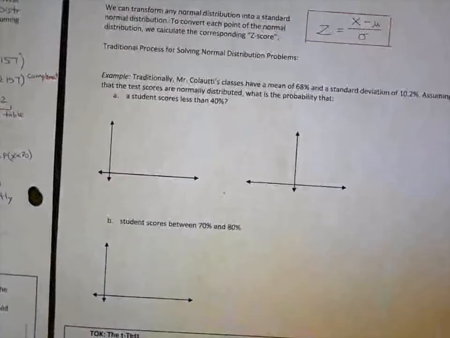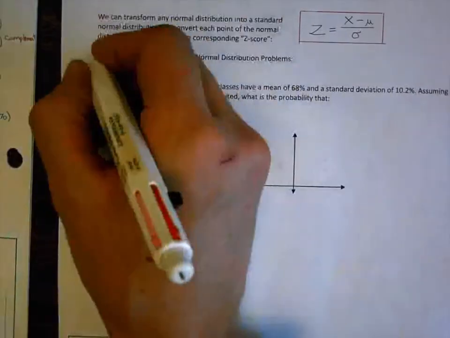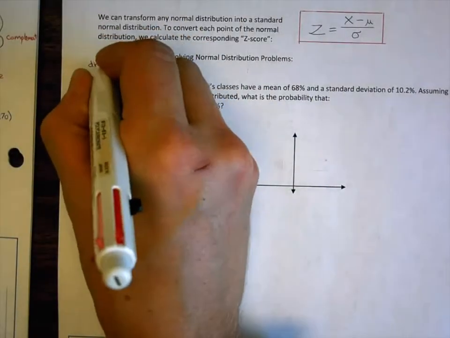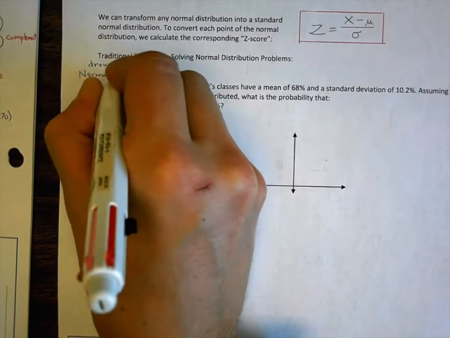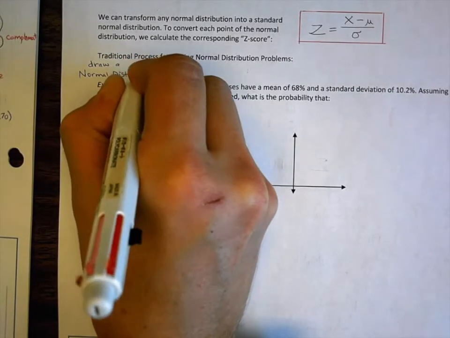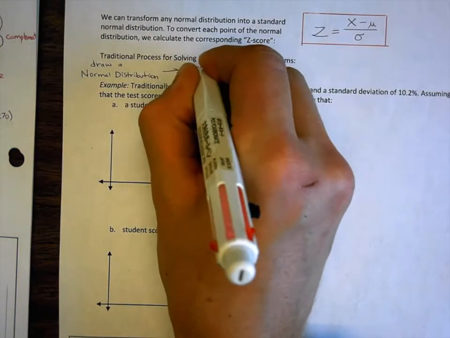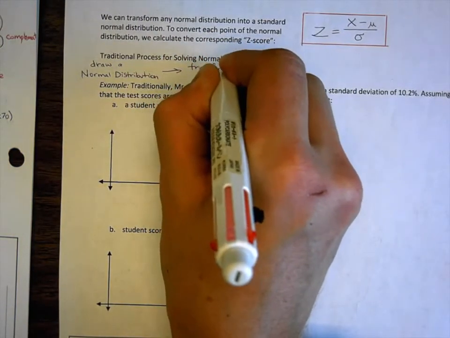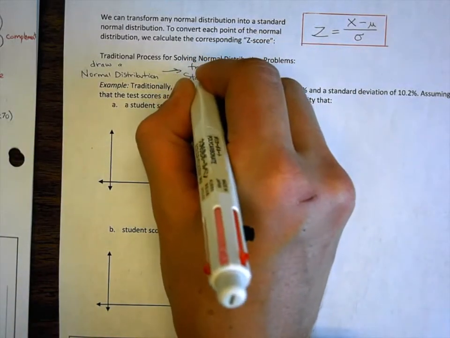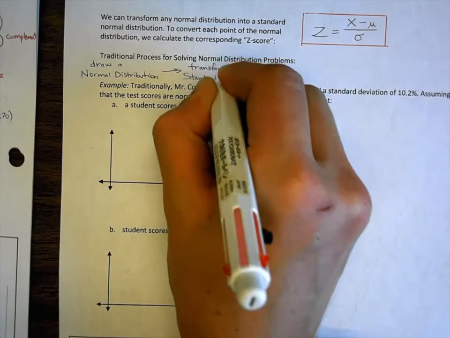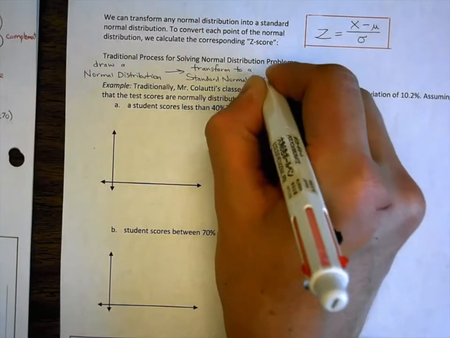The traditional way I would have solved a normal distribution problem, again, without the GDC, would be to draw a normal distribution for my question, then transform to a standard normal distribution.